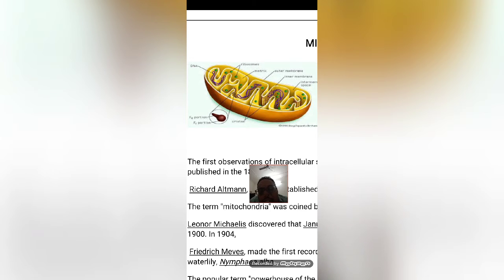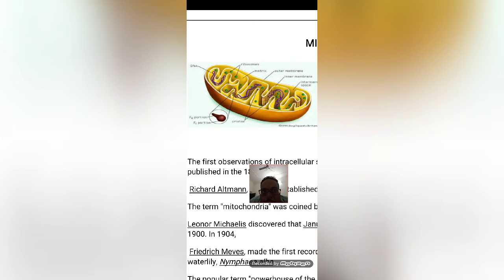Mitochondria is also a semi-autonomous cell organelle, because it has DNA of its own. Since it has DNA, it also has ribosomes. Chloroplast also has its own DNA, and mitochondria also has its own DNA, so they are known as semi-autonomous cell organelles. That means they are not 100% dependent upon the central nucleus for instruction. Some instructions are stored inside the cell organelle itself.